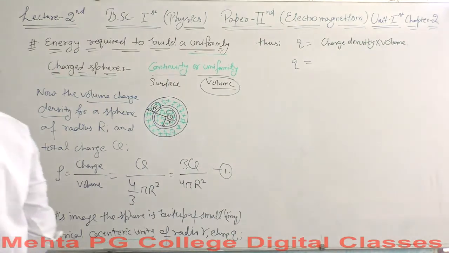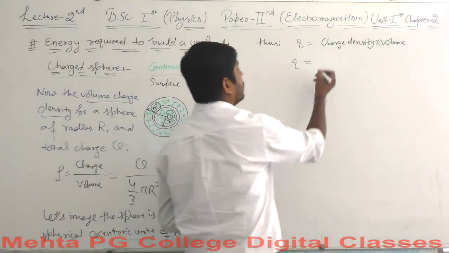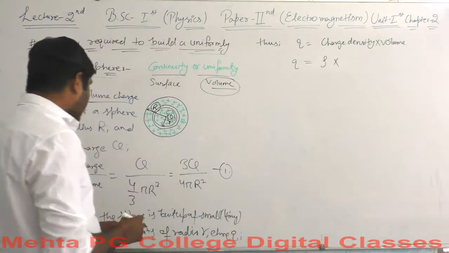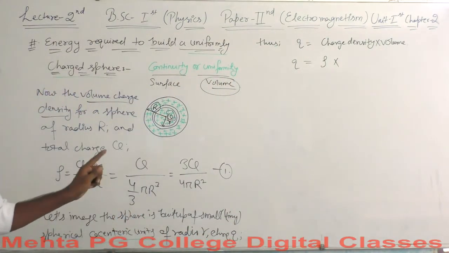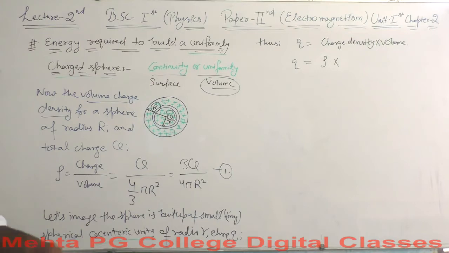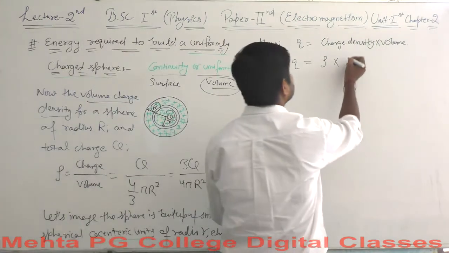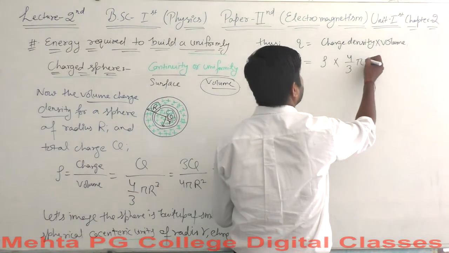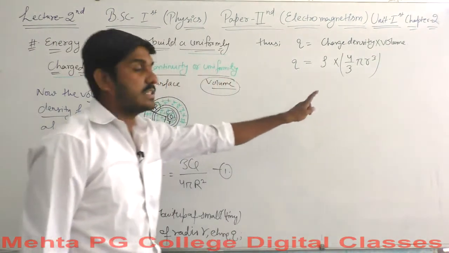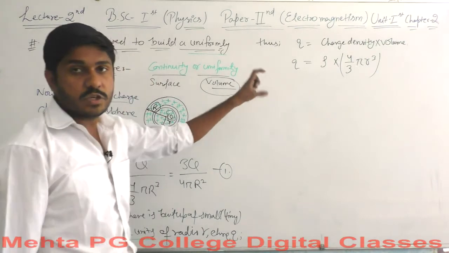So this is rho into the volume, which is 4 by 3 pi small r cube. This should be the value here. Okay, this is the total charge. We have got the total charge here.